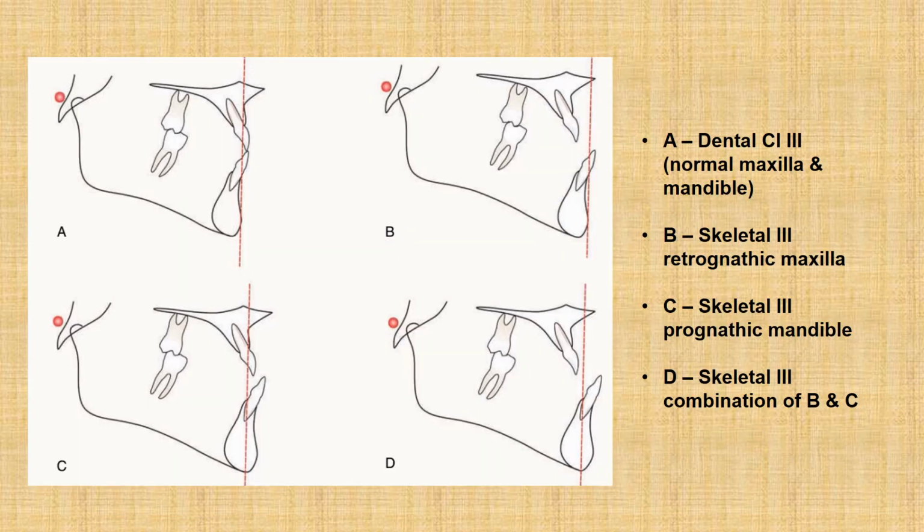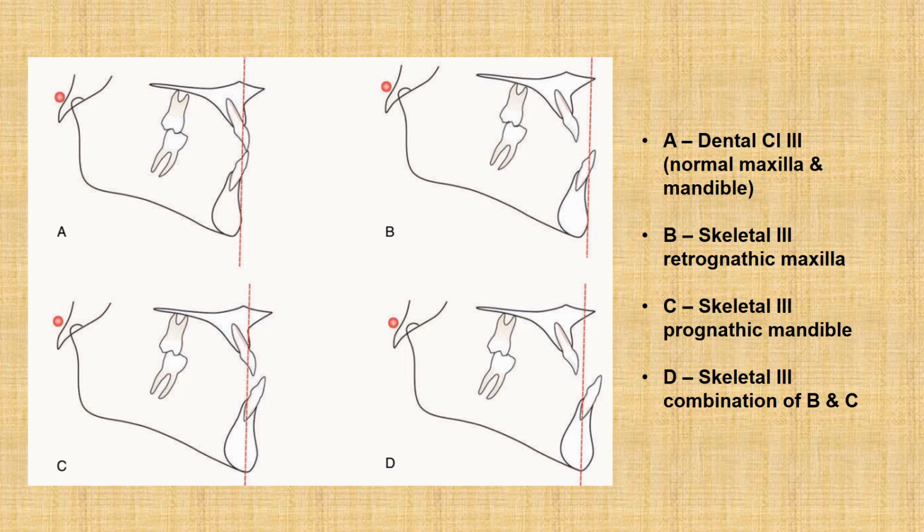Here is an illustration whereby A demonstrates a dental class 3. As you can see here, the incisors are in a class 3 relationship, but the dental bases are in a normal class 1 relationship.